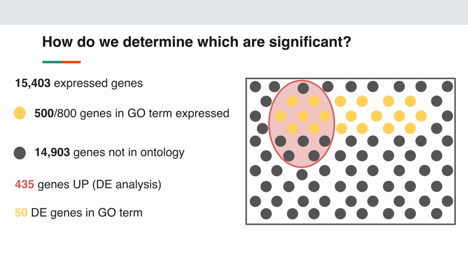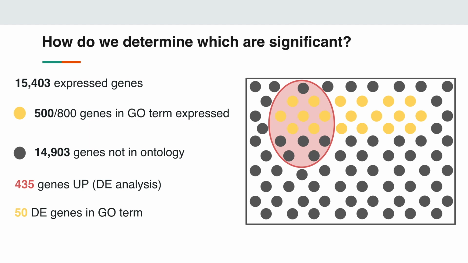And that means the rest of them are not present in the ontology. You also made a selection of 435 genes, shown here in this red circle, that were detected as upregulated in your differential expression analysis. And in those 435, 50 of them belong to your particular GO term.